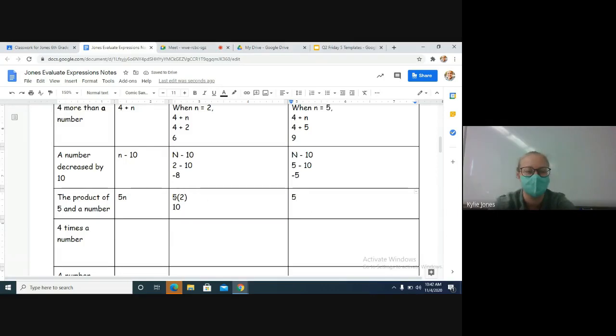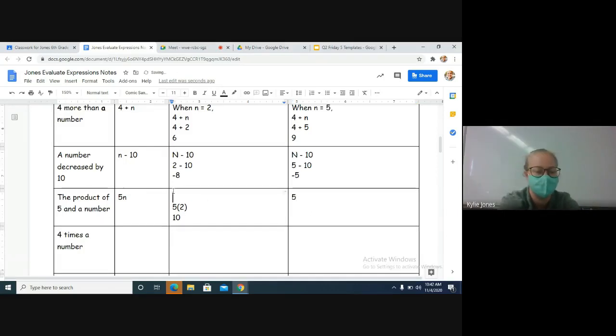I guess I forgot to put the original one up on here, huh? 5n. So original is 5n. When we replace n with 5, we get our invisible multiplication. What is 5 times 5?